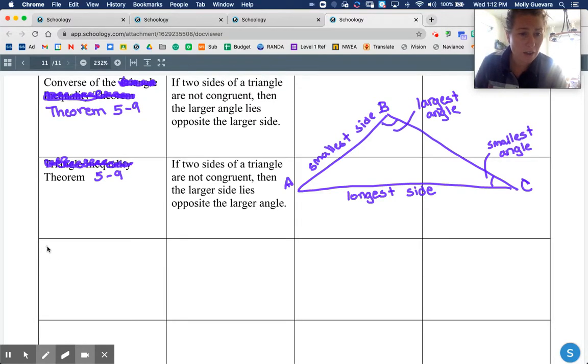Okay, so now we're going to look at the triangle inequality theorem. Sorry about the mix-up there.